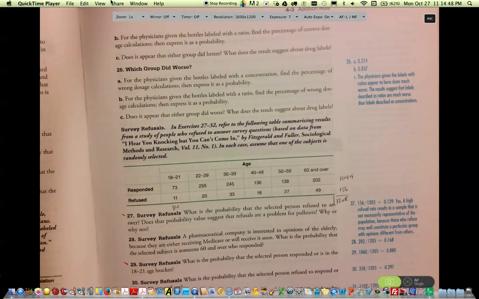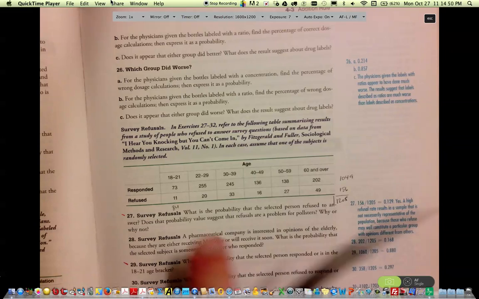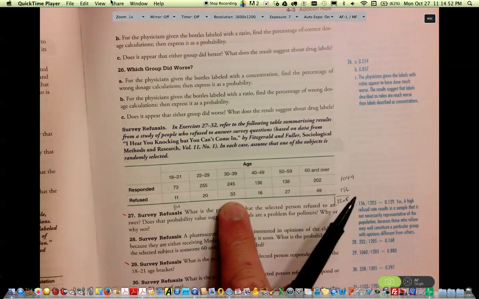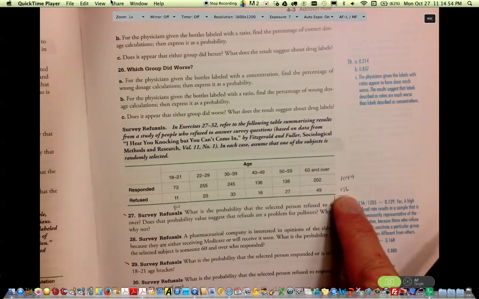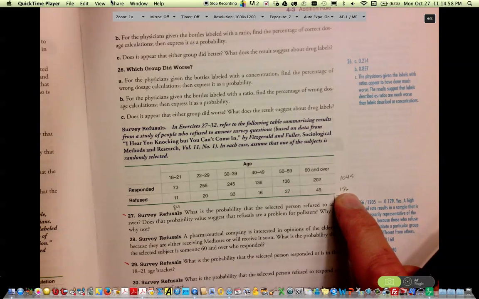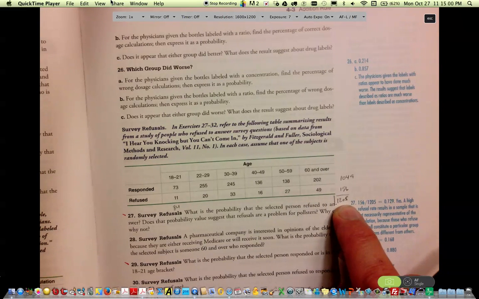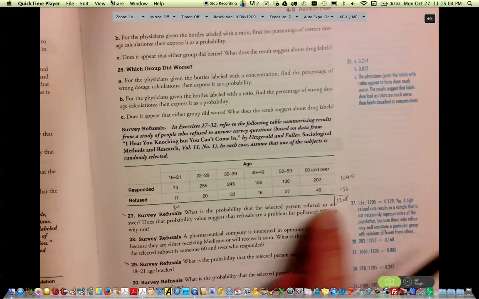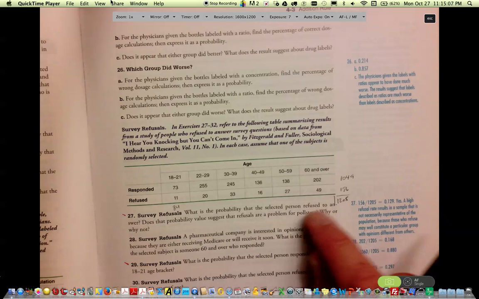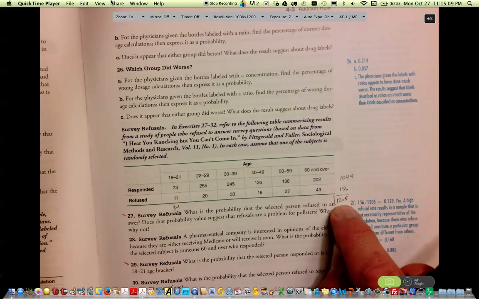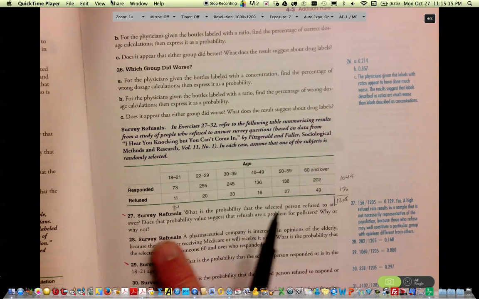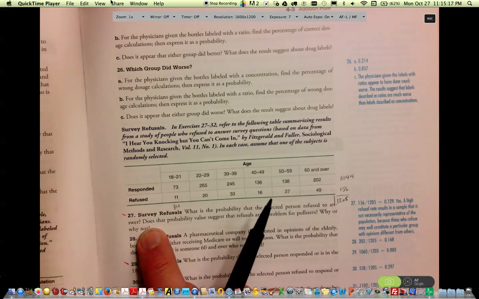The people that refused are these 11 and 20 and 33 and 16 and so on. If you add all those up, there are 156 people that refused, and there were 1,205 people altogether. So the probability that a person is going to refuse is 156 out of 1,205, which ends up being about 12.9%.